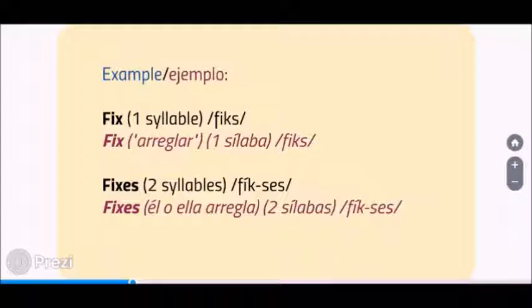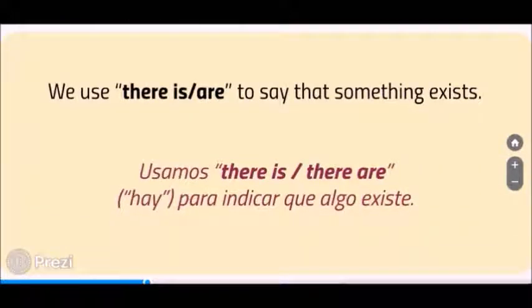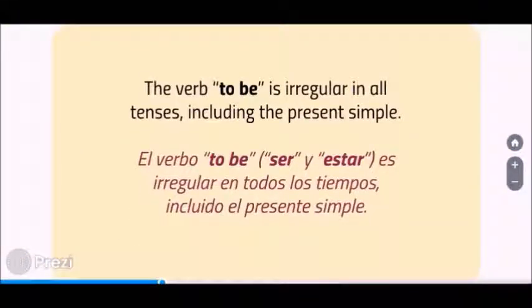Example: fix, fixes. We use there is or there are to say that something exists. The verb to be is irregular in all tenses, including the present simple.